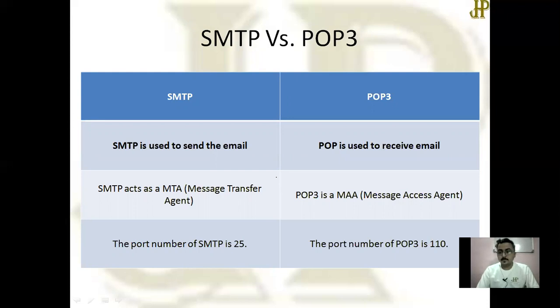SMTP is for transferring, while POP is for accessing. And the port number for SMTP is 25 and POP3 is 110. This is the major difference. There are a lot more differences, but I have not included them because they are not part of your syllabus.